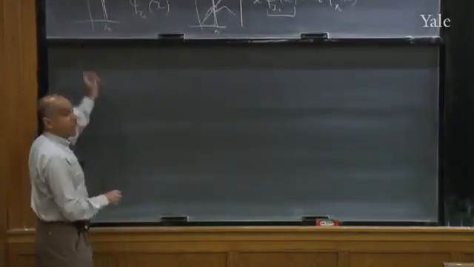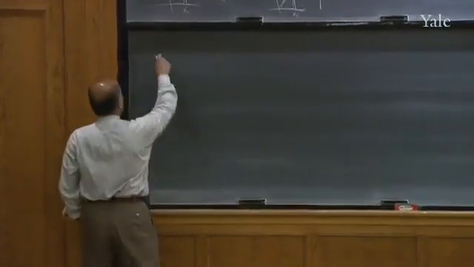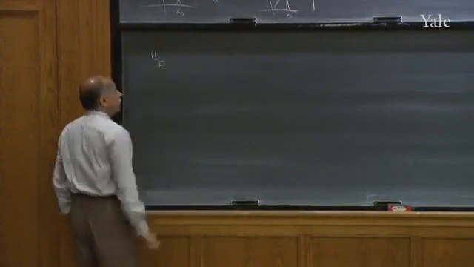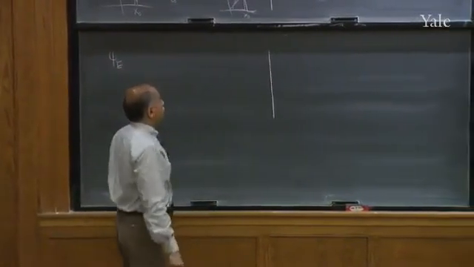Because you can ask the following question. What is the state of definite energy? Well, the state of definite energy, I'm going to write it this way on the right-hand side, is also a solution to some equation.